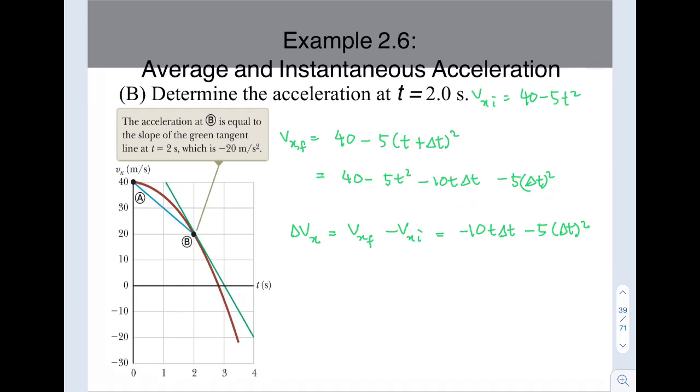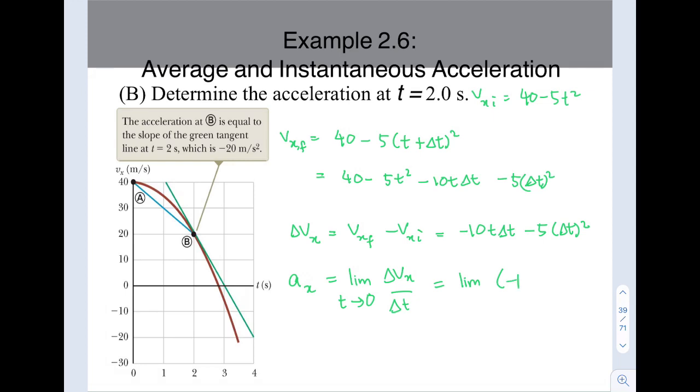Okay, so now back to our calculation. We have done the formula for delta V. Now A along X is the limit of delta V along X with respect to time when your time interval is very small, approaching 0.